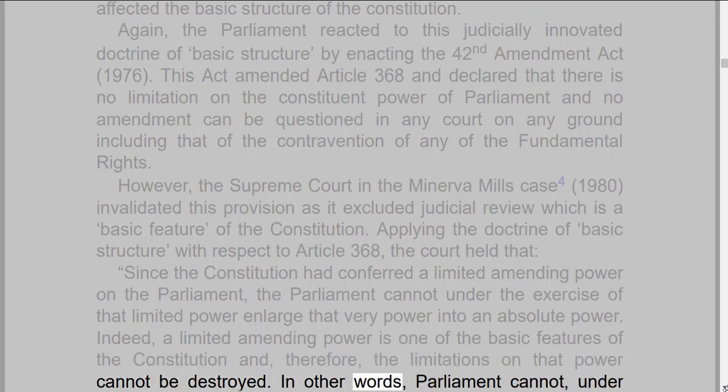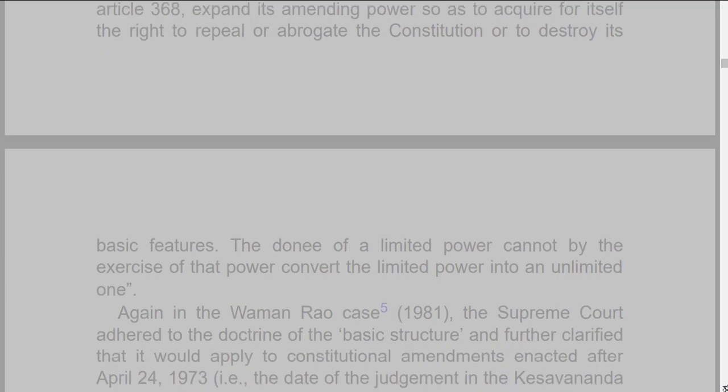In other words, Parliament cannot, under Article 368, expand its amending power so as to acquire for itself the right to repeal or abrogate the Constitution or to destroy its basic features. The donee of a limited power cannot by the exercise of that power convert the limited power into an unlimited one.